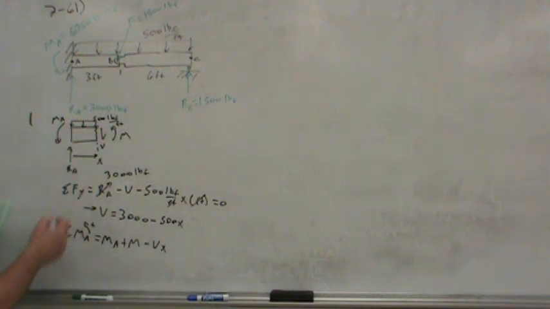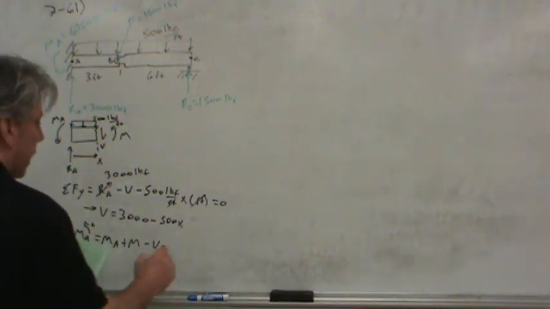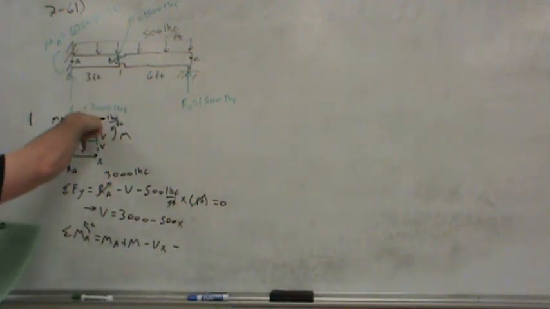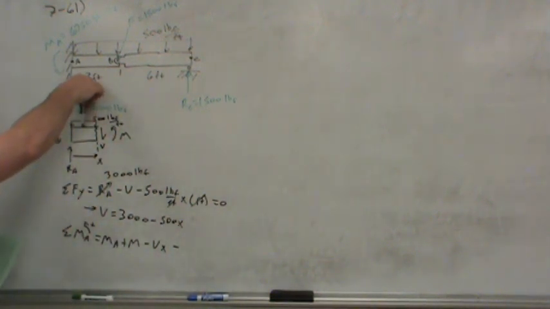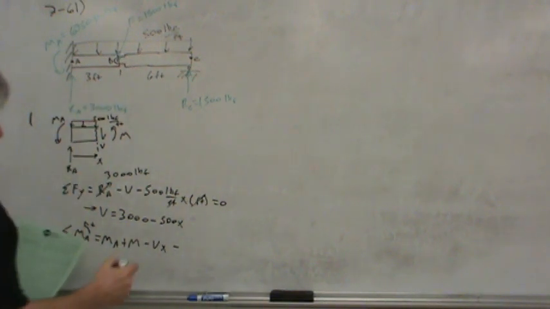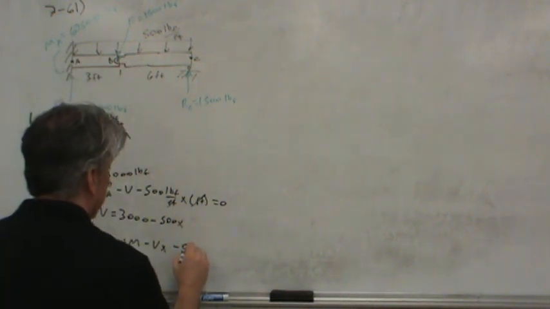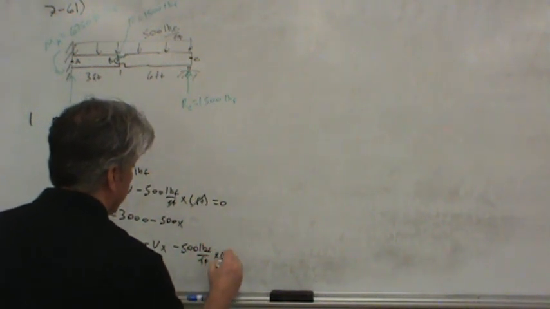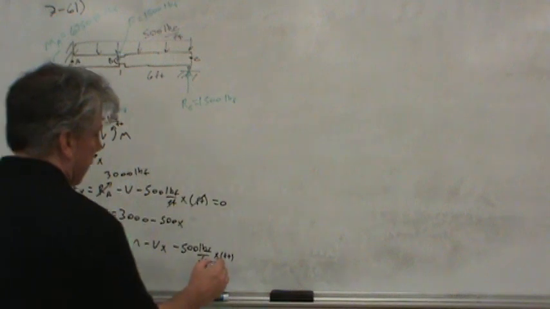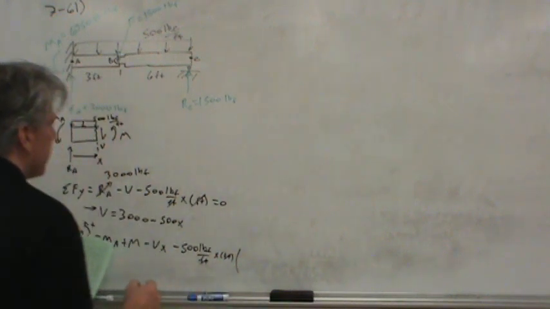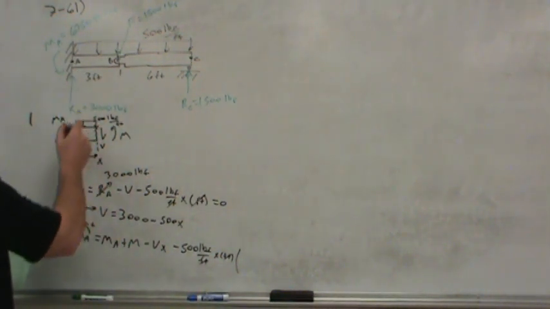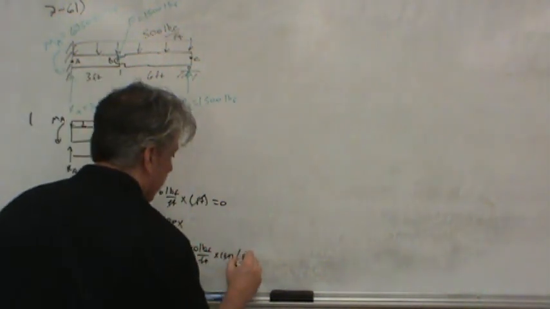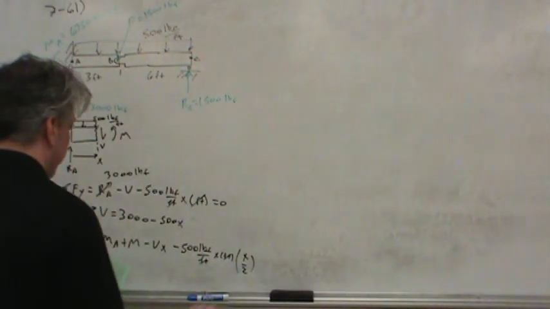But the distributed load, which has a resultant, must cause a moment as well, and its moment will also be negative. The resultant of the 500 pound per foot load will act at the center of this segment. So let's calculate the magnitude of that resultant: 500 pounds per foot times x feet, same resultant we had before. But now we need the moment of that resultant, so we multiply that force by the moment arm, which is simply x over 2.